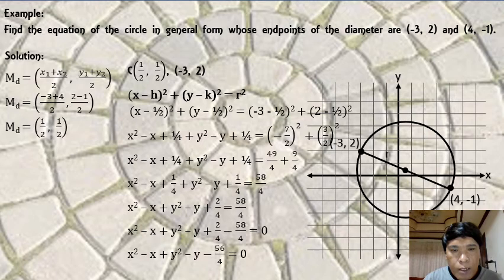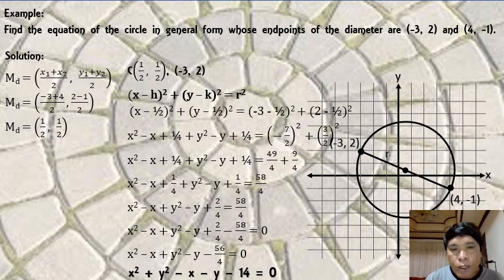So that is x squared minus x plus y squared minus y minus 56 over 4 equals 0. But 56 over 4 is equal to 14.